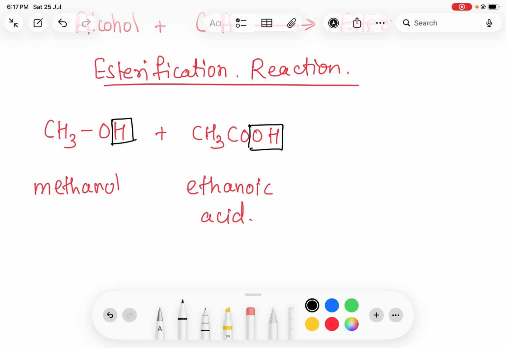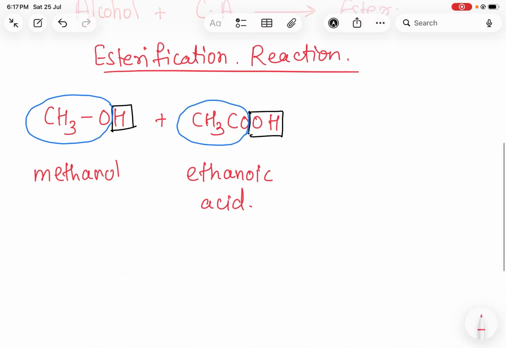Now, whatever is the remaining structure that we have is important for us. We are supposed to just join the structures together. The H and OH that are removed give us water, H2O.